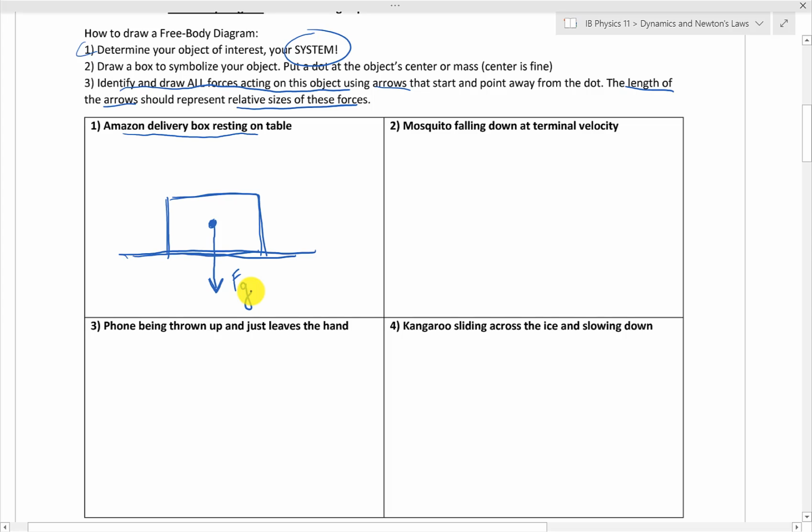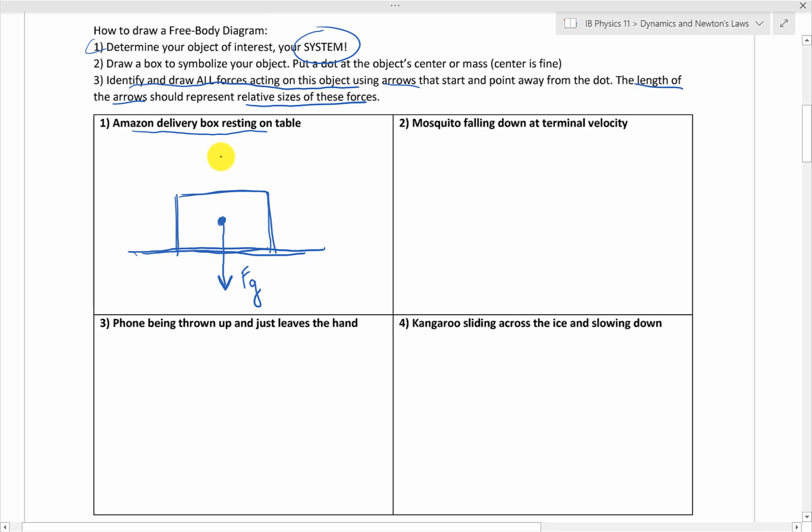Now that's not the only force acting on this box, is it? If that was the only force acting on the box, it would probably fall through the table. The table is doing something to hold the box up, otherwise it would be moving. So I'm going to draw a line here, and because this box is not moving, I need to draw an arrow that's probably equal in magnitude to the force due to gravity.